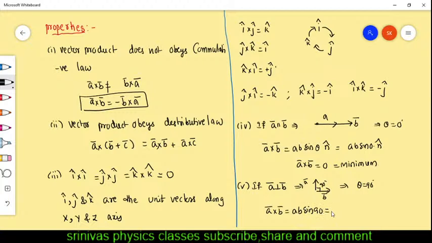Theta is 90, then we will get AB only, if you want to write the magnitude. AB into n cap you will get. If you want to write the magnitude of A bar cross B bar, then the n cap magnitude is 1. That's why you will get only AB. This will become the maximum. If two vectors are perpendicular, you will get the maximum. And if two vectors are parallel, you will get the cross product minimum.